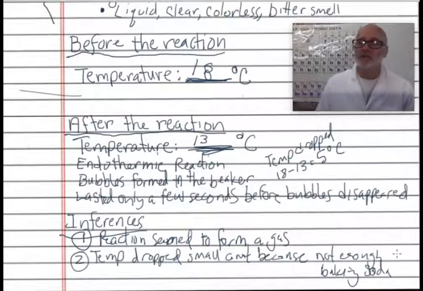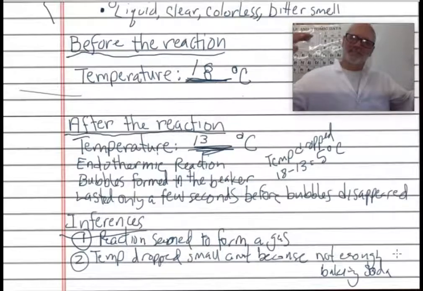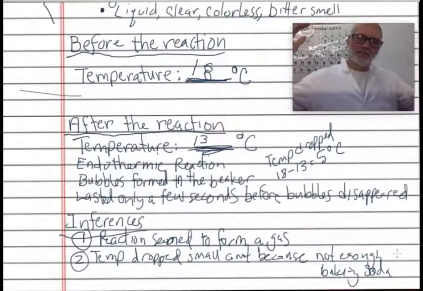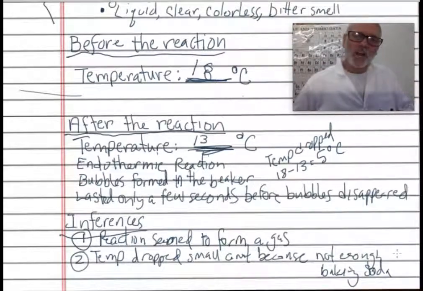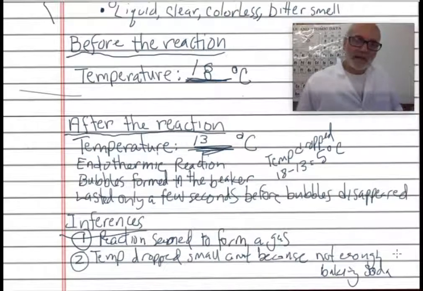That was an inference. I noticed that as I did it. I was thinking, I wonder if I added more baking soda, would it increase or decrease the temperature more? Would it have caused more bubbles? I just kind of made that inference and thought, I should probably write that down. But there's many other inferences you could have made about this. And if you have those down, don't erase them because those are your inferences.